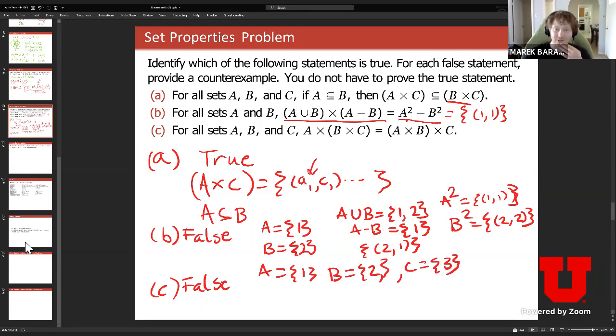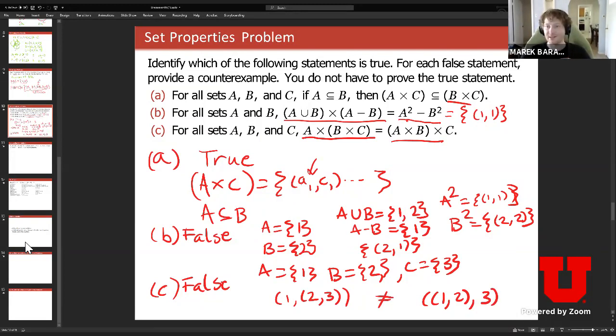And so in A times B times C with the parentheses around the B and C, we'll have an element 1, and then parentheses around 2 and 3. And in the other one, we'll have an element with parentheses around 1 and 2. So these two are not equivalent. So this is not the same.